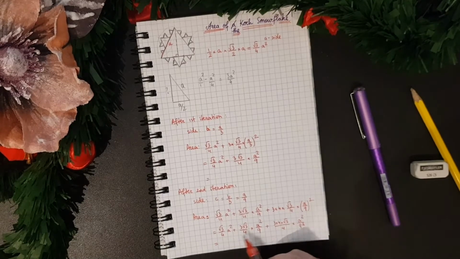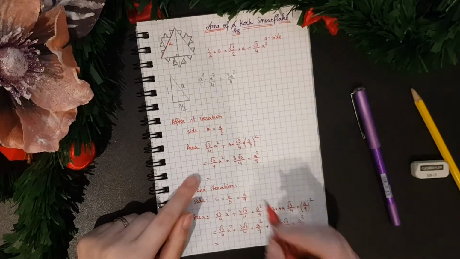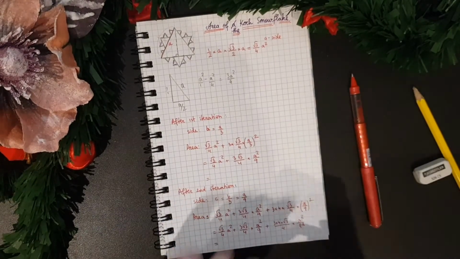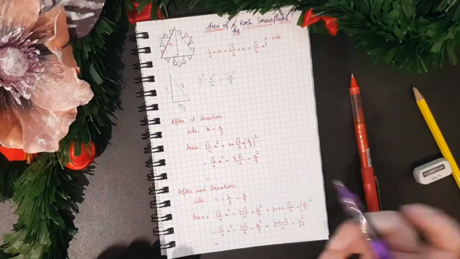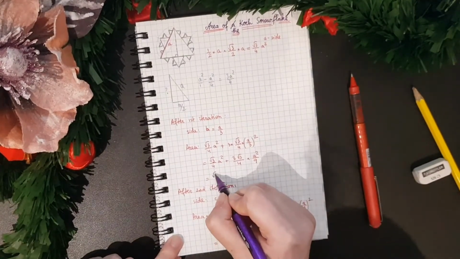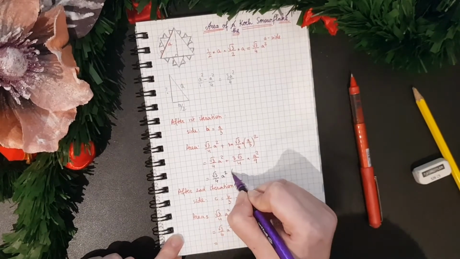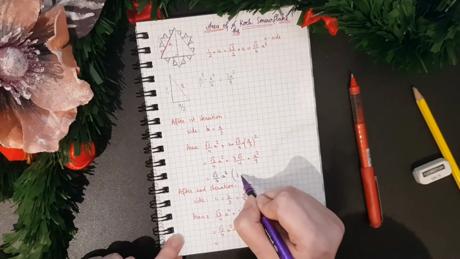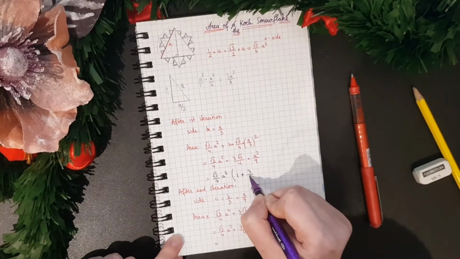I think this is what I'm going to take as a common factor for the top one. And I'm going to write with another color. So 3 over 4 A squared, bracket 1 plus the 3 over 9.